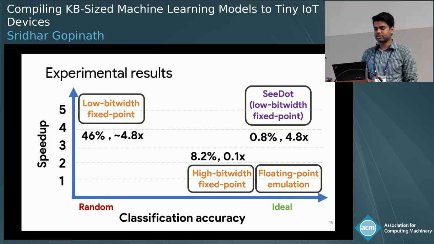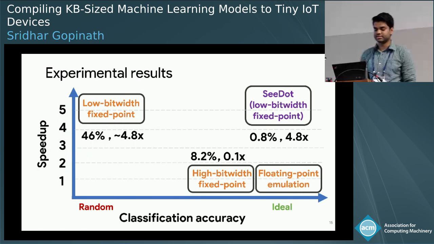Lastly, there were low bitwidth fixed point techniques that involve a lot of scale down operations and then completely lose precision at the end. The classifiers generated by using this approach are random, and they suffer from an average accuracy loss of 46% compared to floating point models.